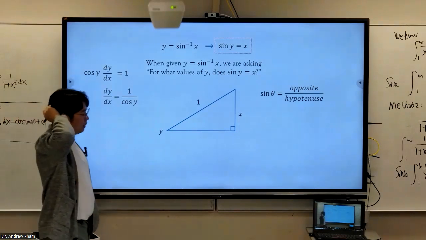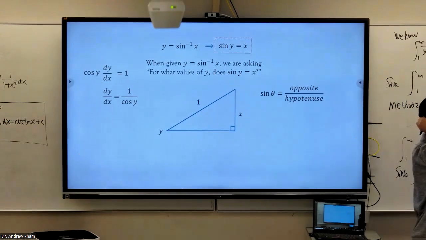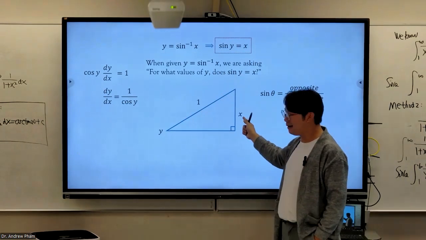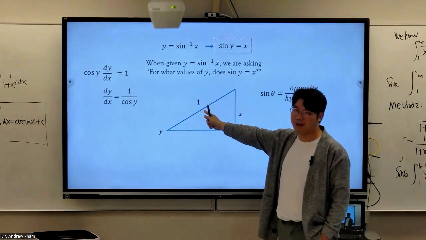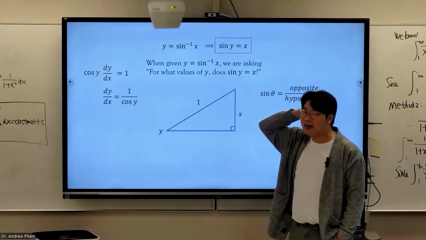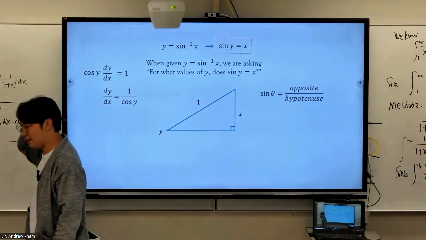I'm again going to be trying to pull out some old info that might be somewhere in your head. I have two sides of my triangle. I have this side, x, and this side over here, 1. How do I get the third side of a right triangle if I know two sides of it already?